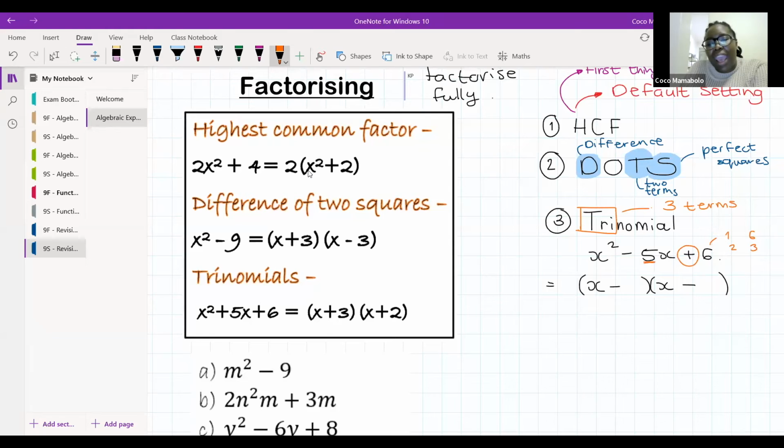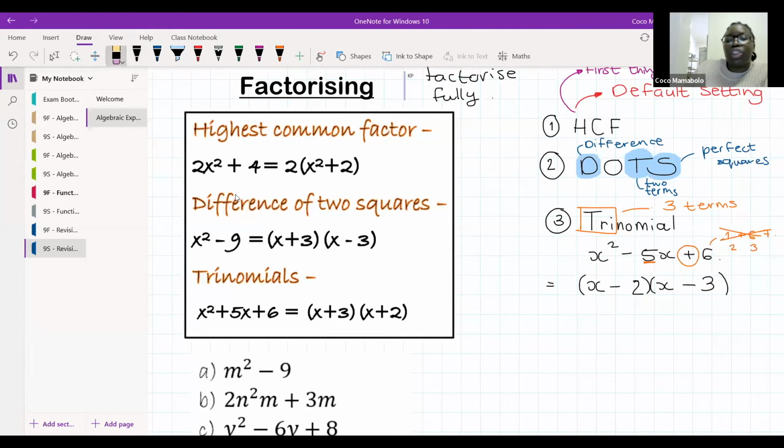Which 2 can I add that will give me 5? 1 plus 6 gives me 7. That's not going to help me. So I need to use 2 and 3, because 2 plus 3 gives me 5. And because both of them will be negative, I will get x minus 2 and x minus 3.